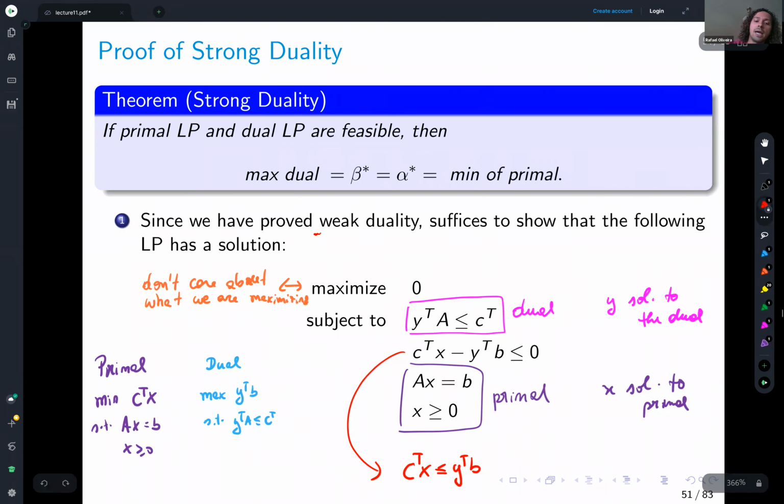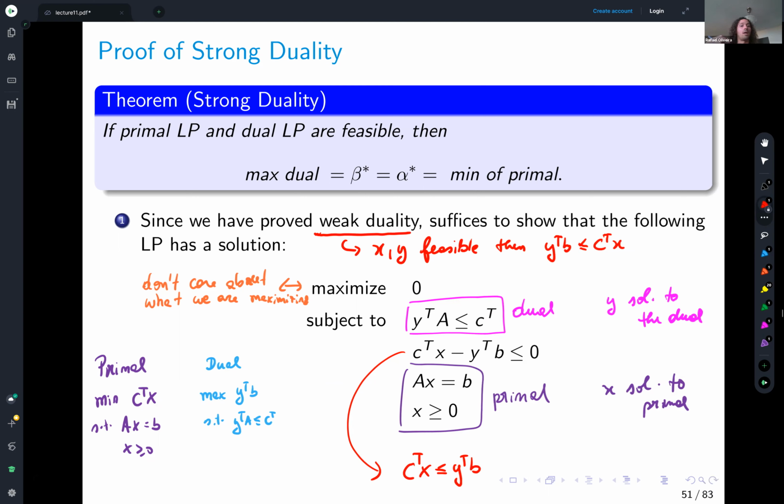Weak duality shows that if X and Y are primal and dual feasible, then Y transpose B is less than or equal to C transpose X. But if the values of the programs are the same, it better have a solution, a pair X and Y, such that Y transpose B is equal to C transpose X. Does that make sense?